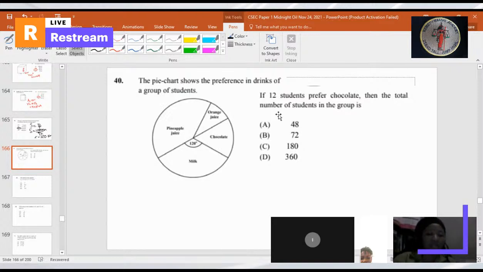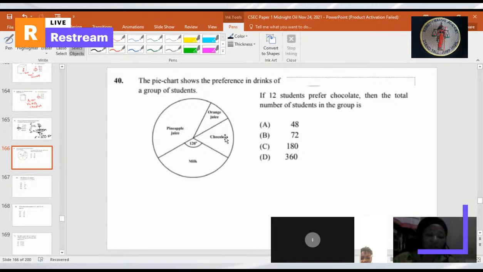So number 40, the pie chart shows the preference in drinks of a group of students. 12 students prefer chocolate. Then the total number of students in the group is... all right, so we can see that chocolate and the 120 degrees for milk make up the 180. They're on a straight line, halfway across the circle.